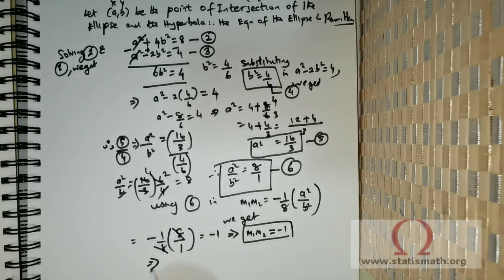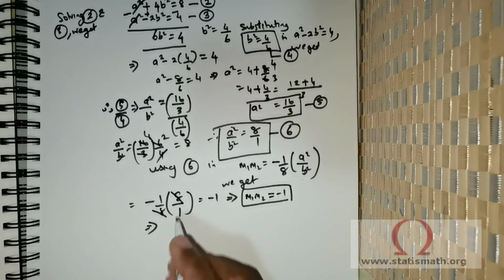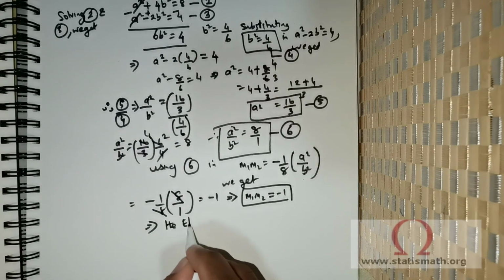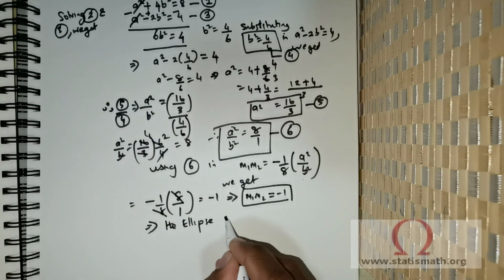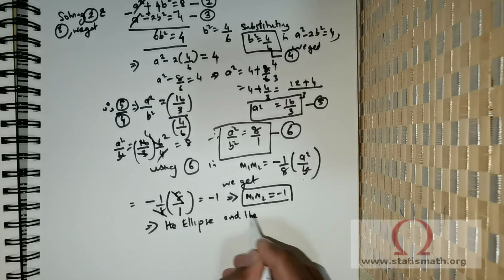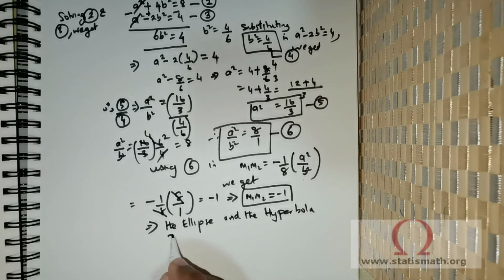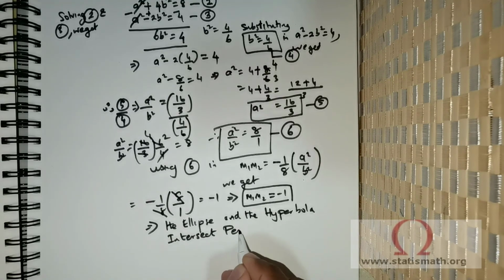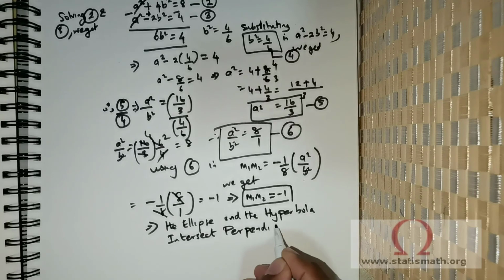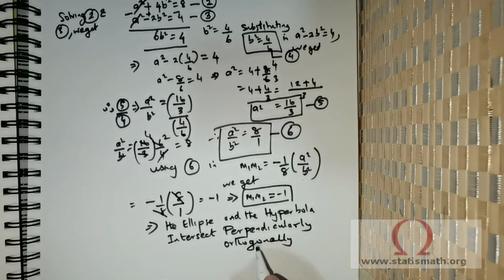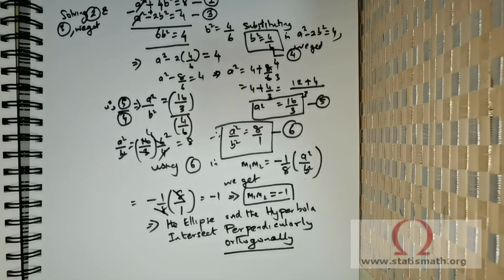Therefore we can conclude that the ellipse and the hyperbola intersect perpendicularly, or you can say orthogonally. And this completes the result for this question.